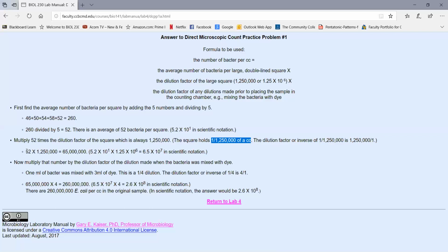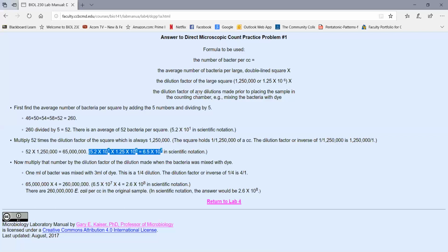So 52 times 1,250,000, if you use your calculator, is 65 million. If you're doing the problem in scientific notation, then it would be 5.2 times 10 to the 1, the average number of bacteria per square, times the dilution factor of the square, which is 1.25 times 10 to the 6 in scientific notation. You get a final answer of 6.5 times 10 to the 7th. So that's this number in scientific notation.